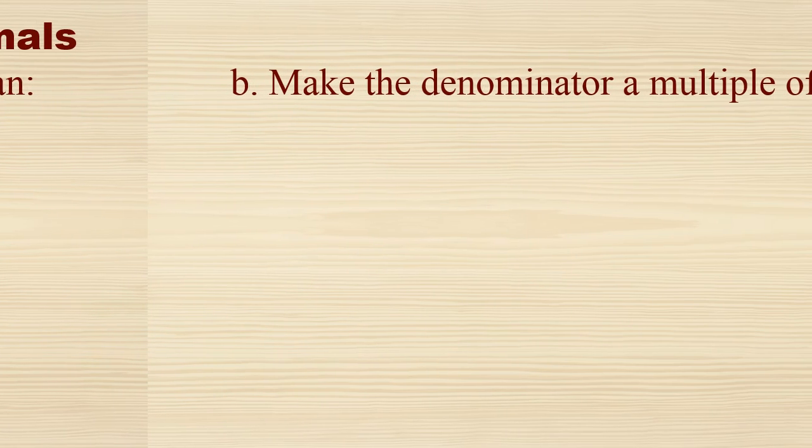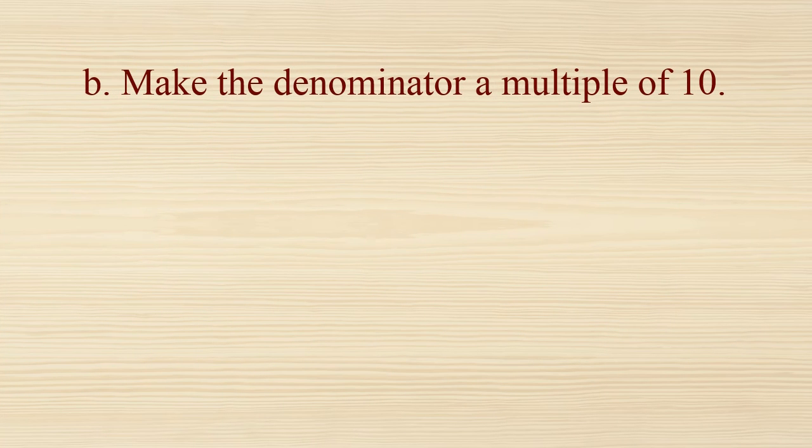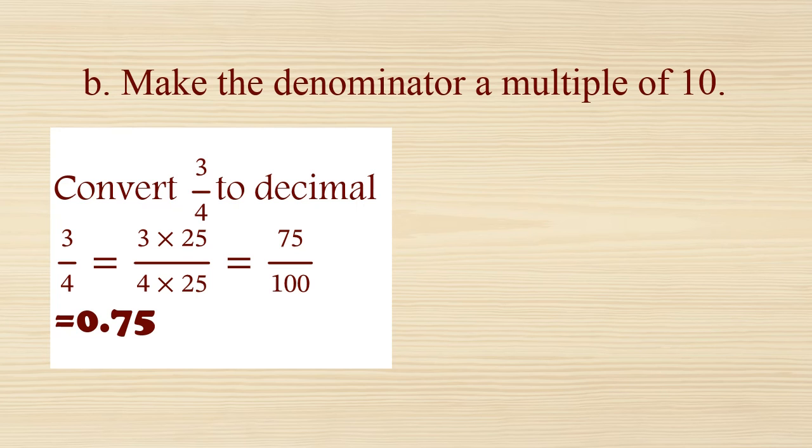Method number 2 is to make the denominator a multiple of 10, because we know division by 10 or a multiple of 10 is very easy. Example, convert 3 over 4 to decimal. For us to be able to make 4 a multiple of 10, the easiest one is 100. We can make 4 to be 100 by multiplying it by 25.